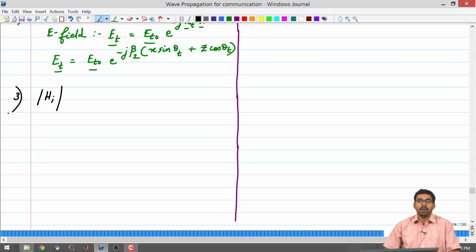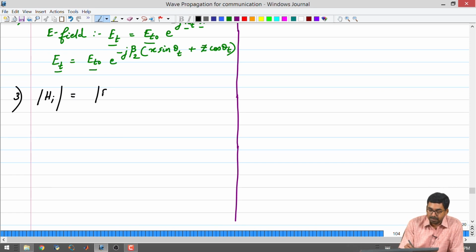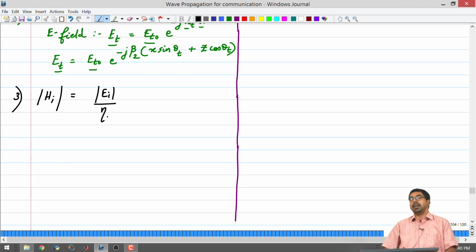Magnitude of it is going to be equal to the magnitude of electric field divided by the intrinsic impedance of medium number 1. Right. So, I can simply say that this is going to be divided by eta. That gives me the magnitude directly, all right. I know that it is oriented along y direction, okay.